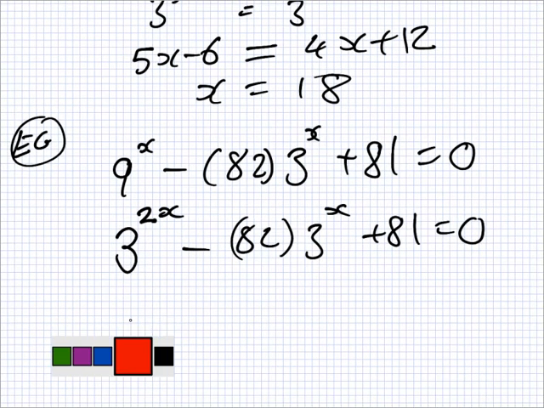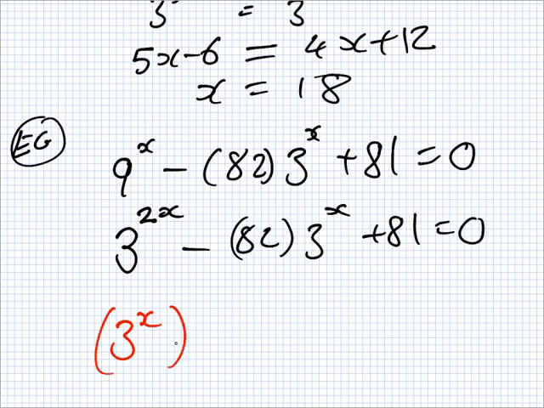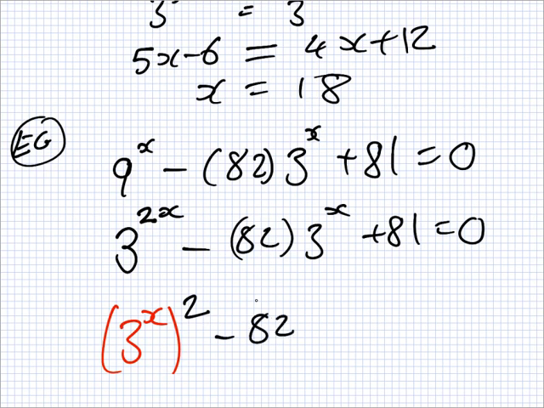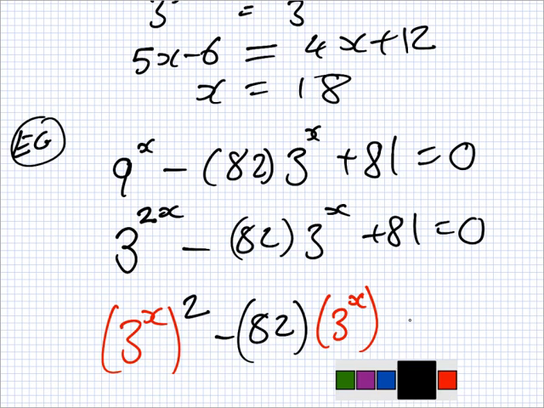Yeah. Or what I'll do is I'll just rewrite this as 3 power x. Sorry, I mean to say... No, sorry, I was right the first time. 3 power x, squared. So obviously that's the same, yeah? Minus 82 times 3 power x.